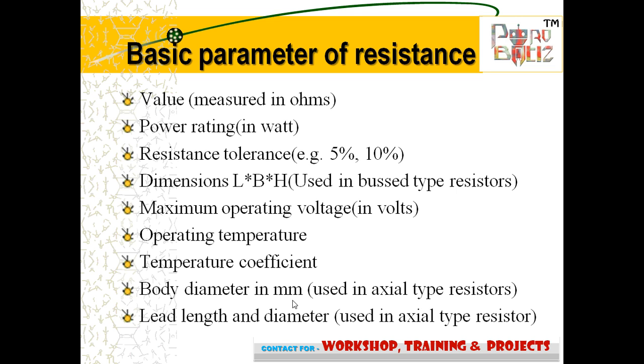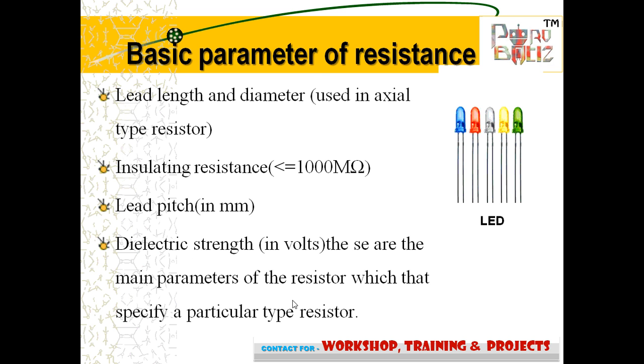Maximum operating voltage in volts. Operating temperature in Celsius. Temperature coefficient. Body diameter in mm, used in axial type resistor. Lead length or diameter, used in axial type resistor.